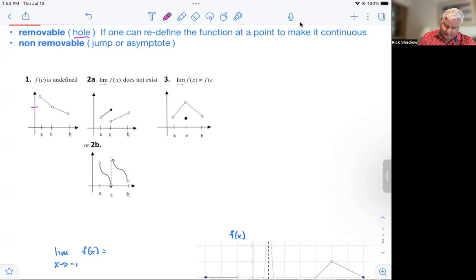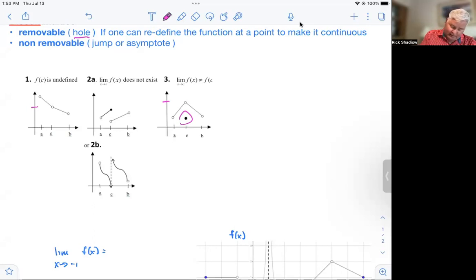And then I'm going to skip over to 3. Again, the limit exists, whatever y value that point is. The function exists, some y value down here for f of c, but they're not the same. So again, it's not continuous.